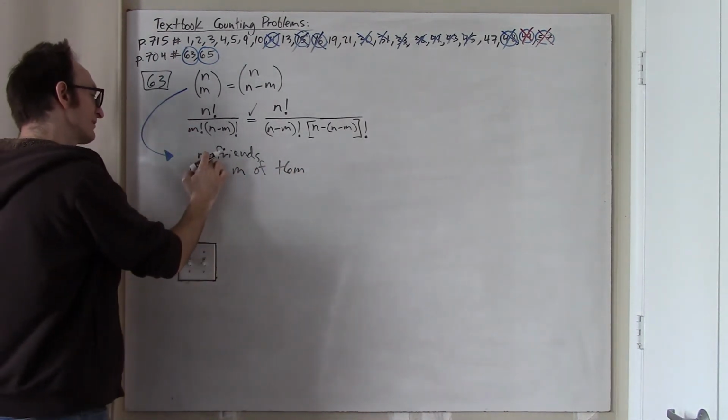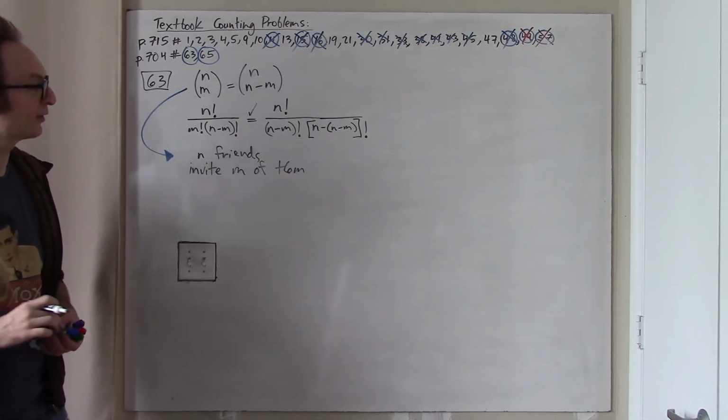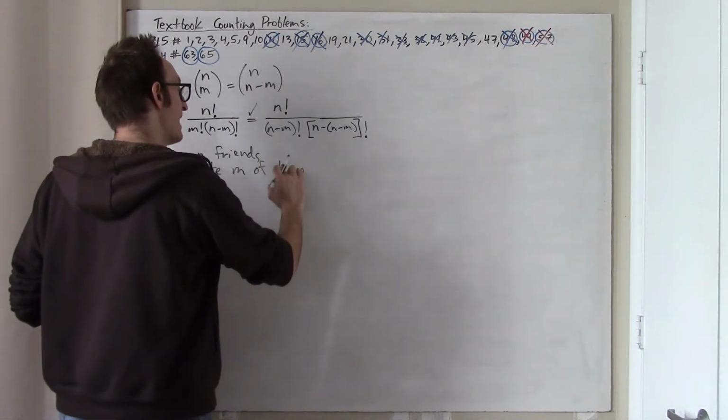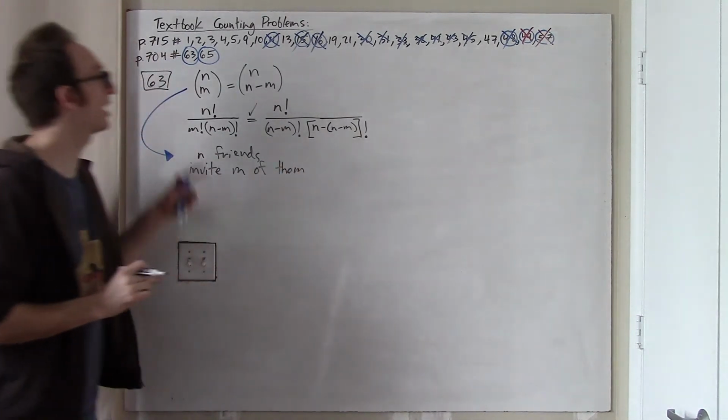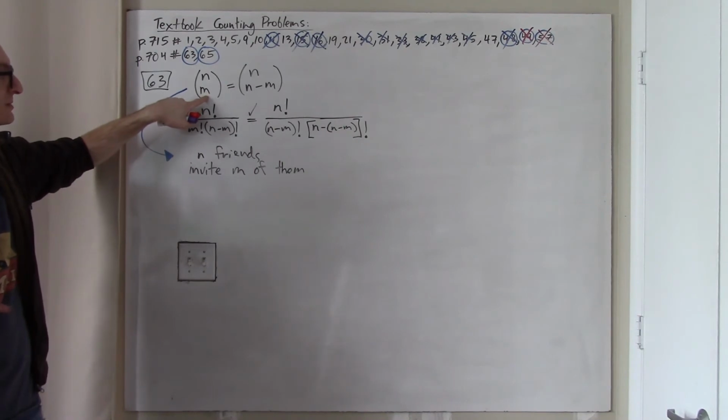Well, you make your list of your n friends, and you only get to invite m of them. So how many ways are there to do this? Well, there are n choose m ways of picking which m of your friends are invited.